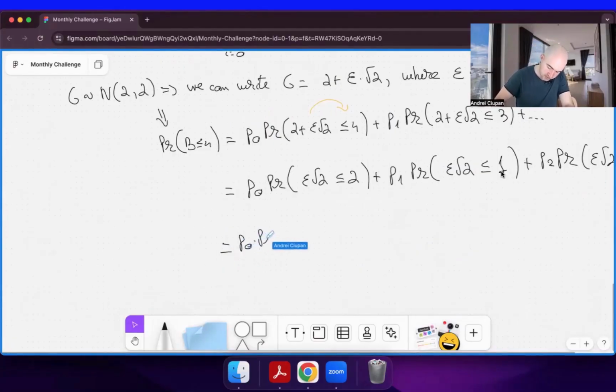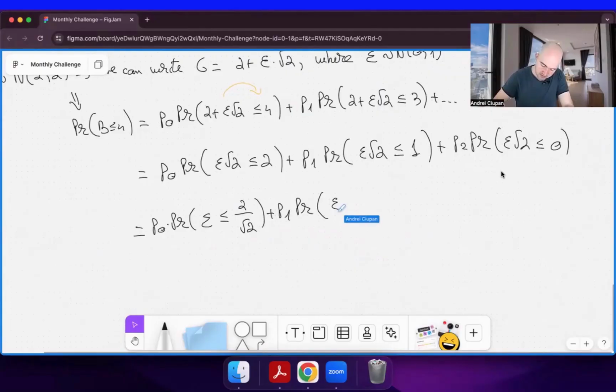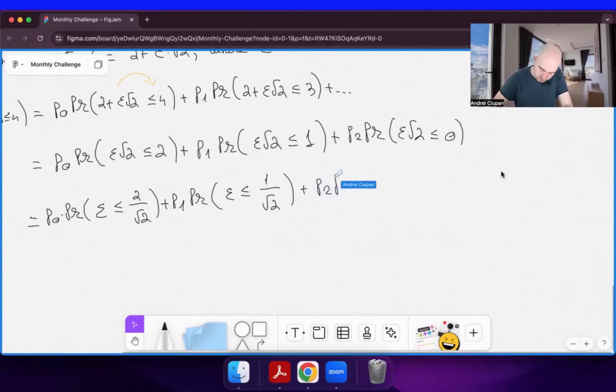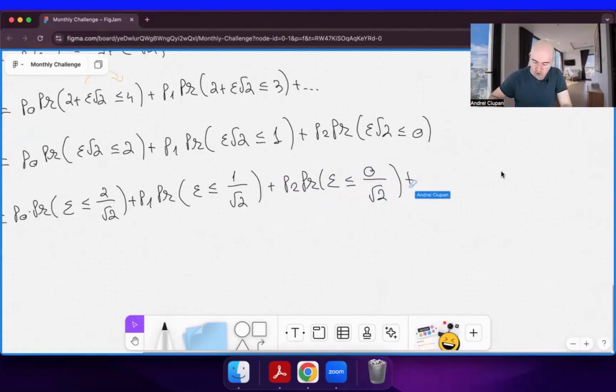This is P0 times the probability that epsilon is less than or equal to 2 over square root of 2, plus P1 times the probability that epsilon is less than or equal to 1 over square root of 2, plus P2 times the probability that epsilon is less than or equal to 0 over square root of 2, which is just 0. And so on.